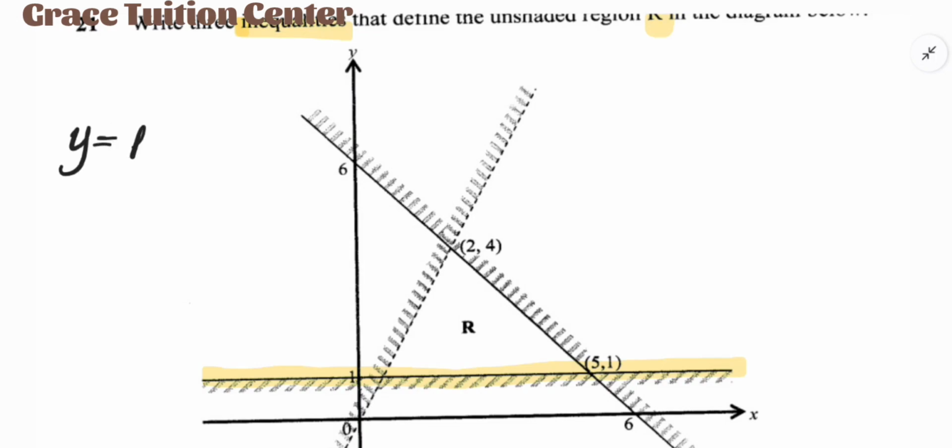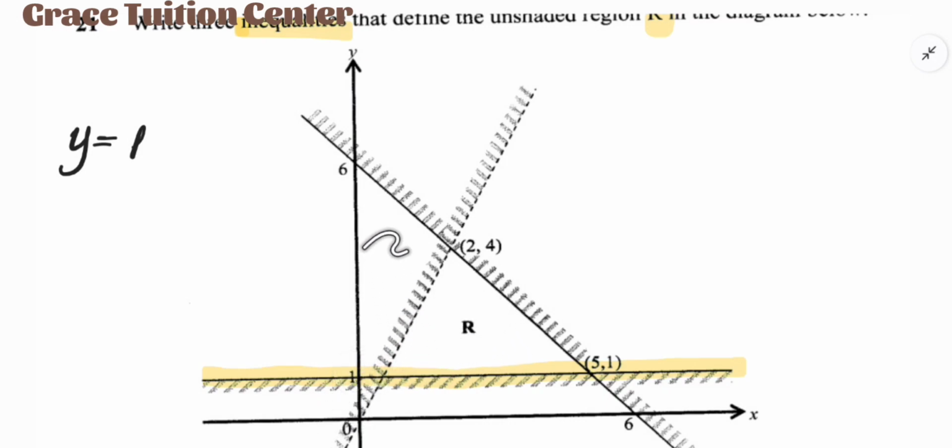Is that okay? So once we write that equation, now we have to change the equation into an inequality. How do we change the equation into an inequality? We just ask ourselves a question. Let's look at the R where it is here. Is it on top of the line or under the line? It's on top of the line, right? Now, if it's on top of the line, what type of numbers are on top of the line compared to 1?